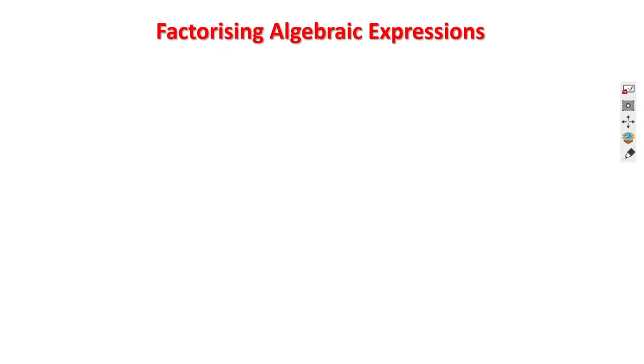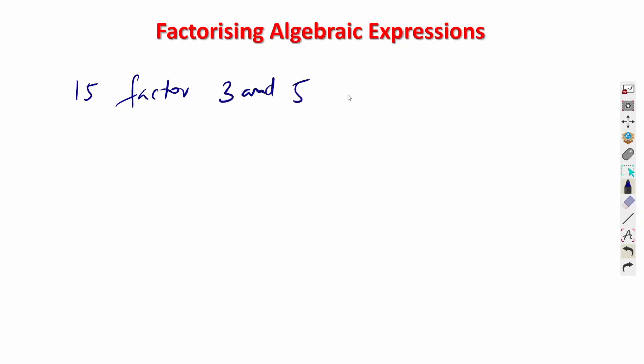I told you at the beginning. We know that 15 has factors. Factors of 15 are 3 and 5. Why? Because with 3 we can divide 15, with 5 we can divide 15. 3 into 5 is equal to 15, because they are factors.